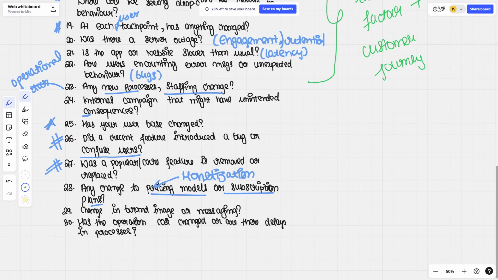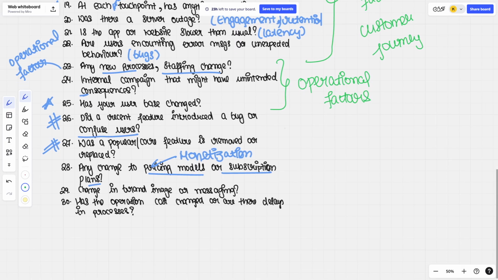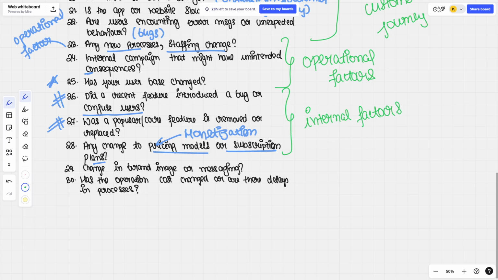Any new process, staffing change, internal campaign, and the user base, these are operational factors. Did a recent feature introduce a bug, the popular core feature, or the monetization? These are also internal factors. And this question is also a cost factor.